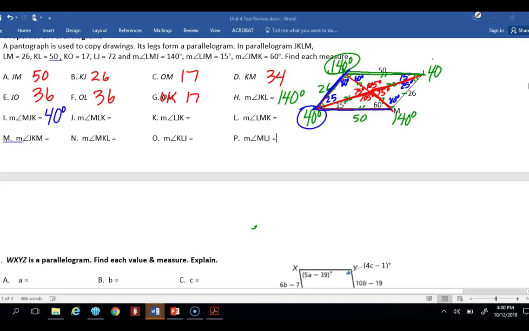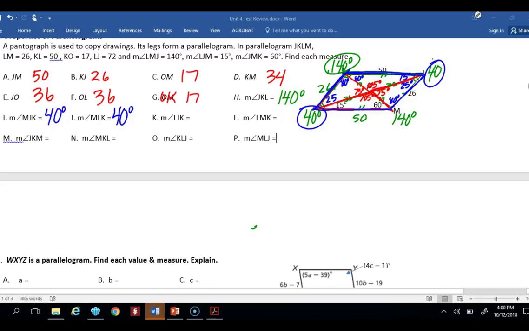Then we have MLK. MLK is this one right here. It is also 40. Then we have LJK. We'll go with another color, y'all.